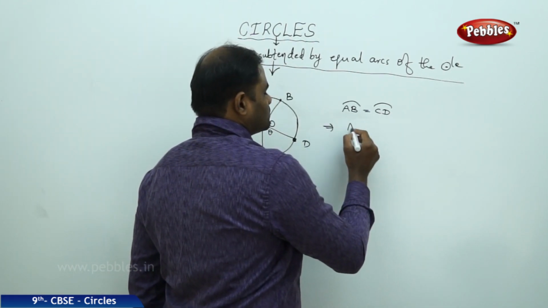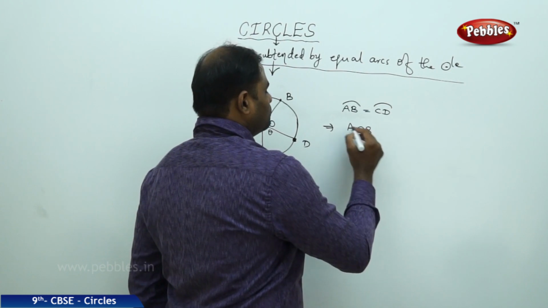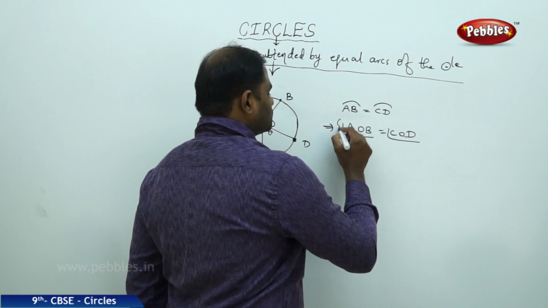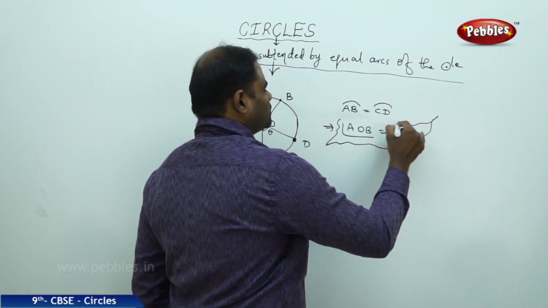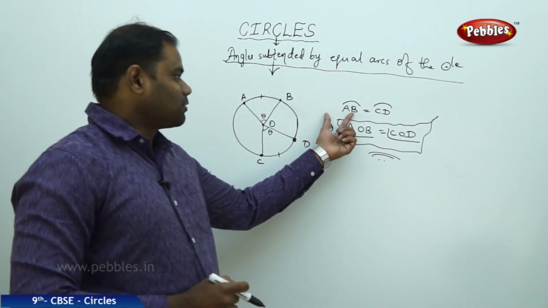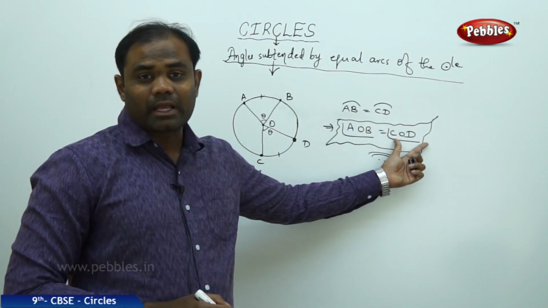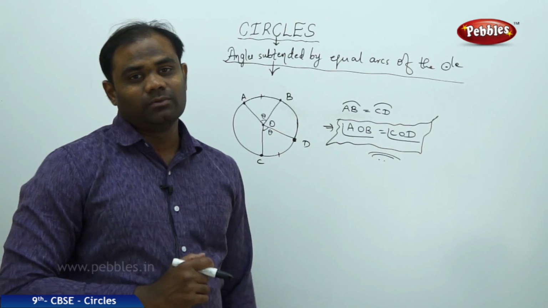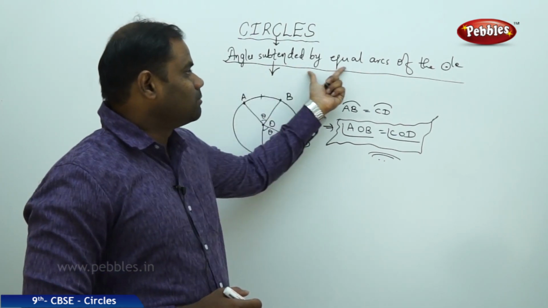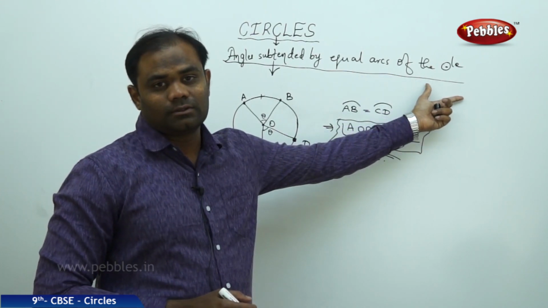That implies angle AOB is equal to angle COD. If the arcs are of equal lengths, their subtended angles will also be equal, is how I understand the property for angles subtended by equal arcs of the circle.